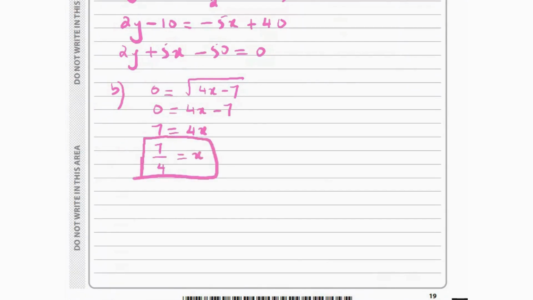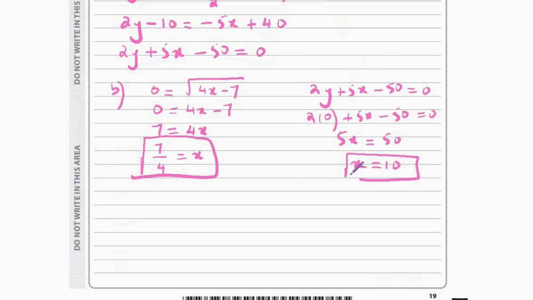That is the lower limit. Then 2y plus 5x minus 50 equals to 0. 2 times 0 plus 5x minus 50 equals to 0. 5x equals to 50. x equals to 10.